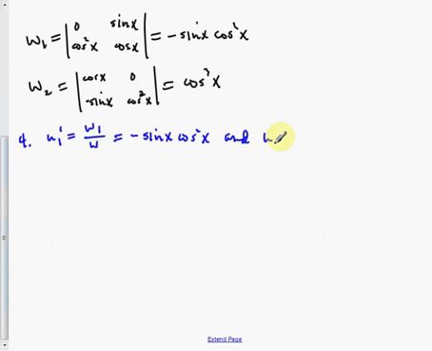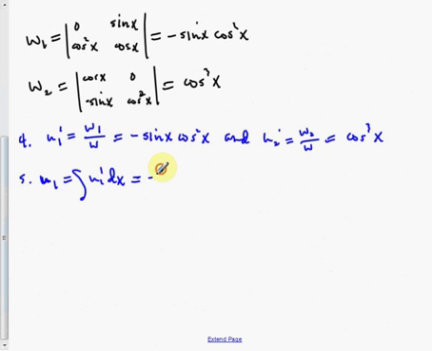And u sub 2 prime is the W sub 2 divided by W, which is just cosine cubed x divided by 1. So just cosine cubed x. So step 5, I want to find the u sub 1, which is the integral of u sub 1 prime dx. So this guy is negative sine x cosine squared x, so let's put the negative there.